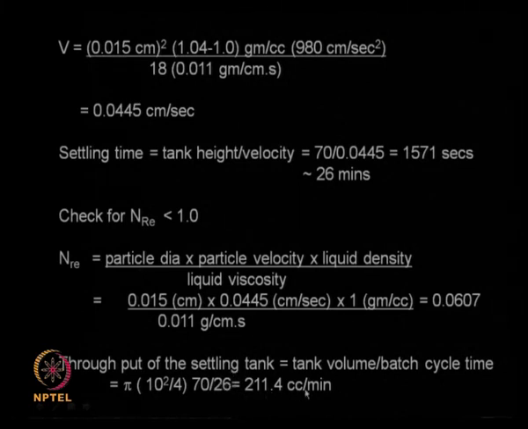So, throughput through the tank is about 210 cc per minute. So, you can process 210 cc per minute of this particular slurry and achieve a separation between the solids and the liquid through settling, and approximately it will take 26 minutes for the solids to settle.